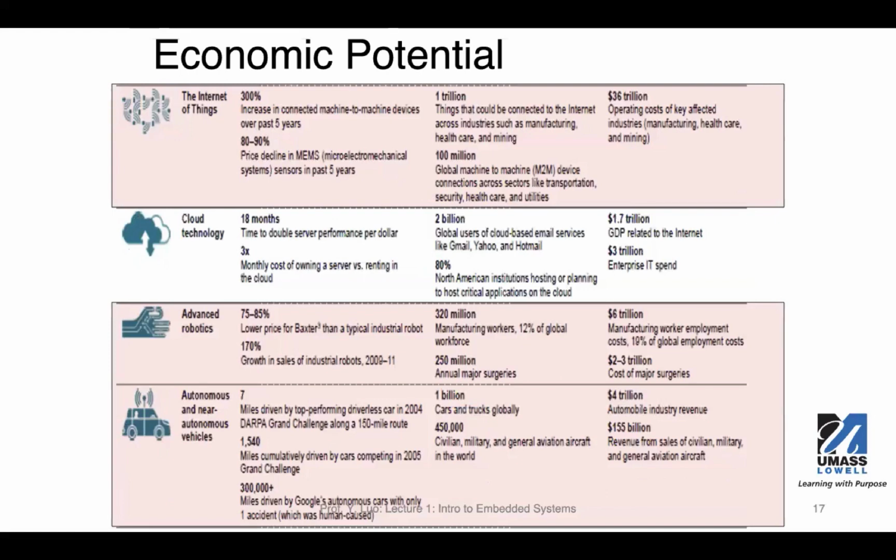The economic potential also is significant. For the Internet of Things, we expect a 3,000% increase in connected machine-to-machine devices. We have about 1 trillion things that are connected to the internet. The operating cost of the affected industry will be 36 trillion.